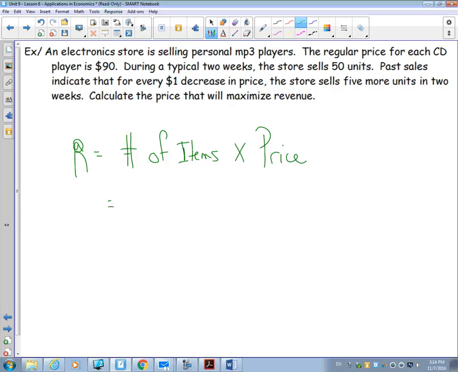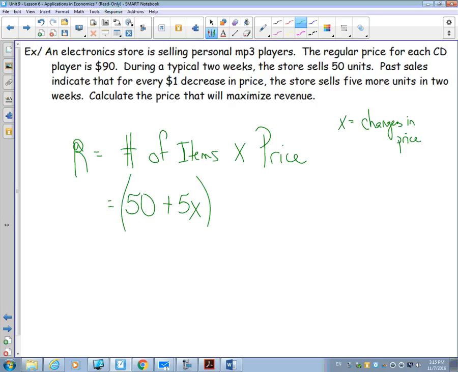We usually sell 50, but that can change. Every time we decrease our price, we actually sell 5 more units. So it goes up 5 for every time I change my price. X is the changes in price.